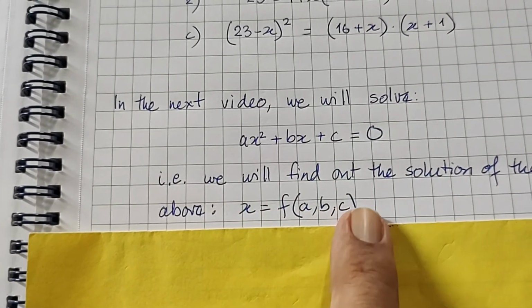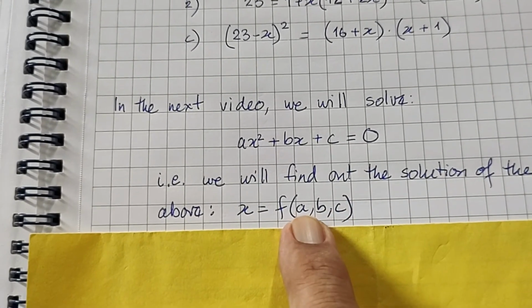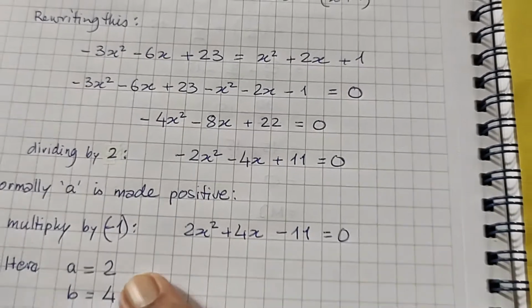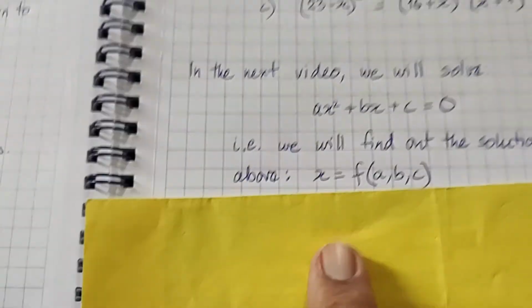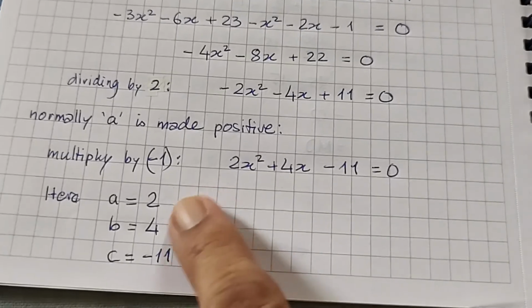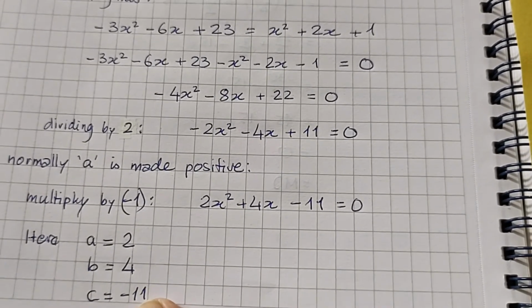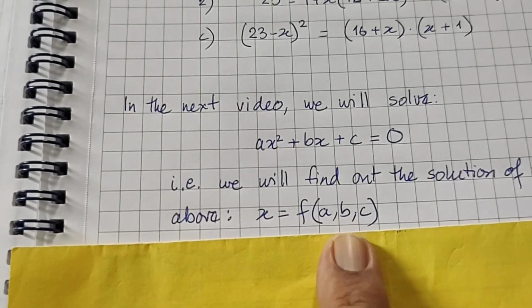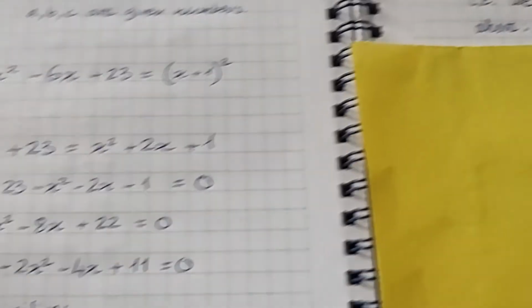And you will see that there are two values that you can get after you plug in the values of a, b and c like this. Indeed, when we solve that, we will even plug in these values into that formula, and it will give us the solution of this particular equation.